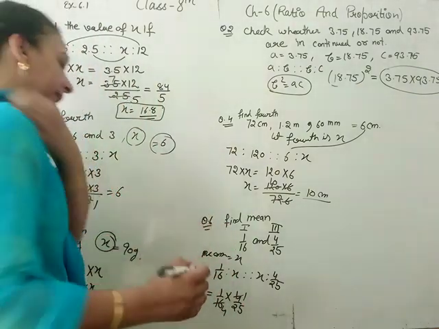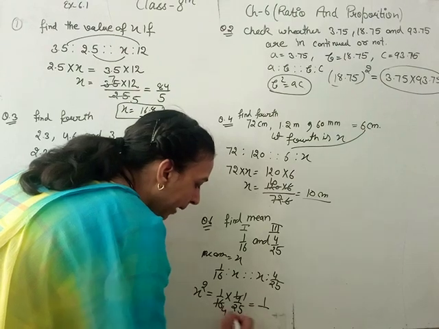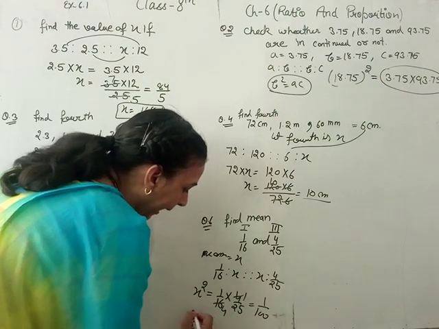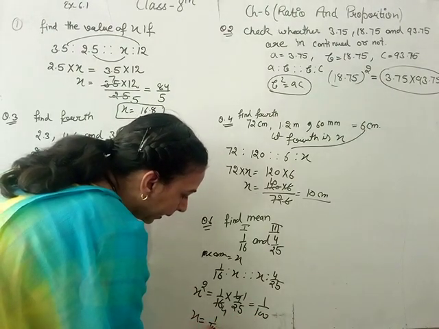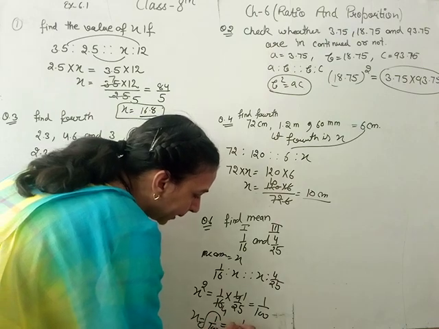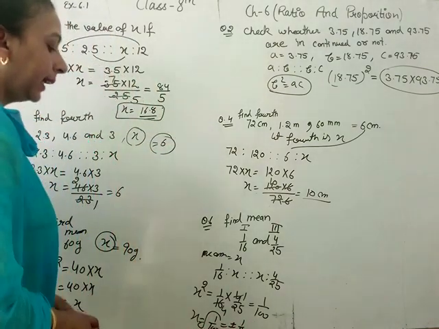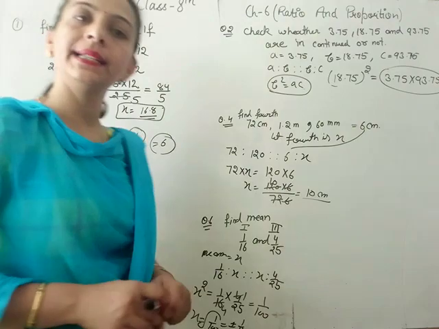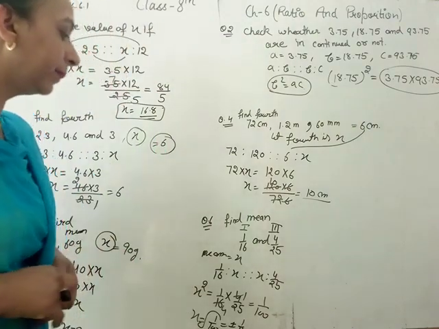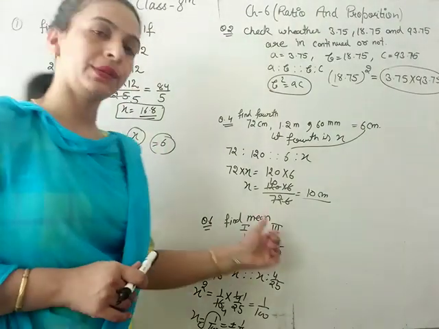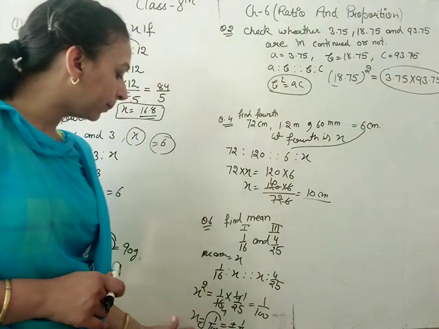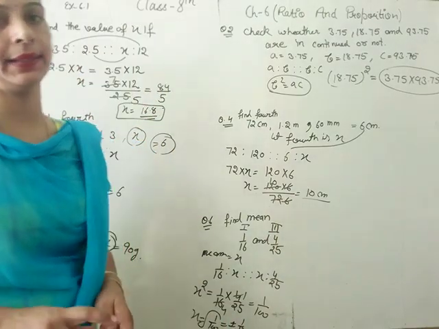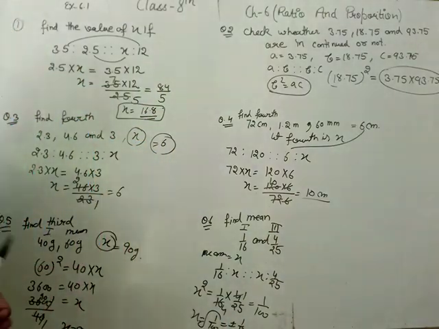This equals 1 by 100, and x equals the square root of 1 by 100, which equals plus minus 1 by 10. Then x equals 1 by 10. We take x equal to 1 by 10 because it is the mean proportional. Next I will take the next question.